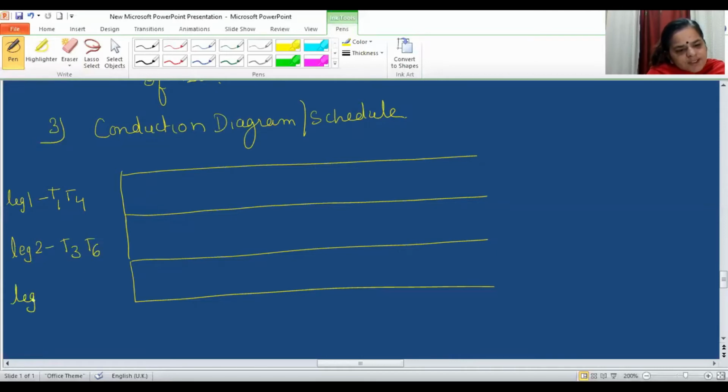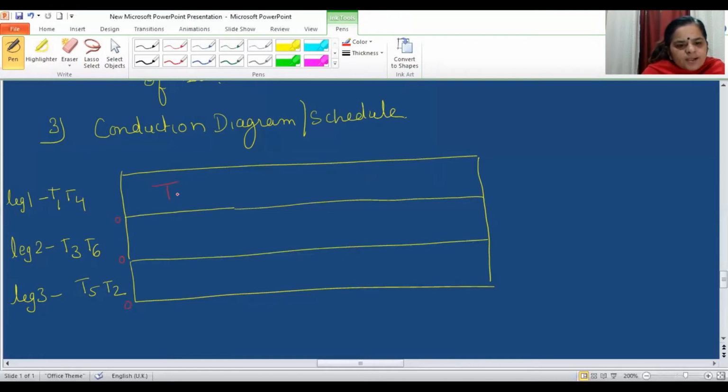And the third one is leg 3, which is T5, T2. Suppose this is 0 and at the end it is 360. So we are drawing it only for one complete cycle. This is also 0 and this is also 0. Let me draw with another color so that you can understand. I'm drawing it with red color. So suppose this is 0, this is 0, this is 0.